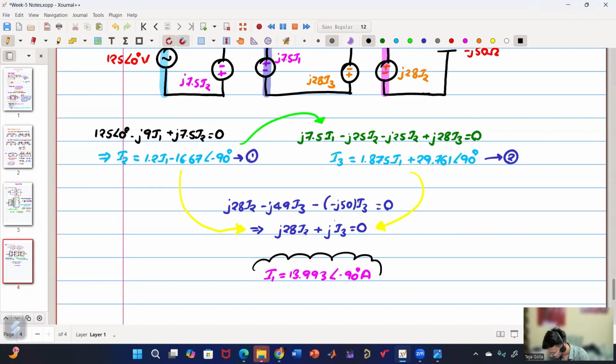Maybe you can substitute and see whether you will be getting this expression. So from equation 1, I have calculated I2 in terms of I1. From equation 2, I have calculated I3 in terms of I1. And in equation 3, I have substituted both to get a single equation in terms of I1. And once you solve for it, you will get I1, something like this. So now this I1 I will substitute in equation 1 to get I2, substitute it in equation 2 to get I3. Yes?